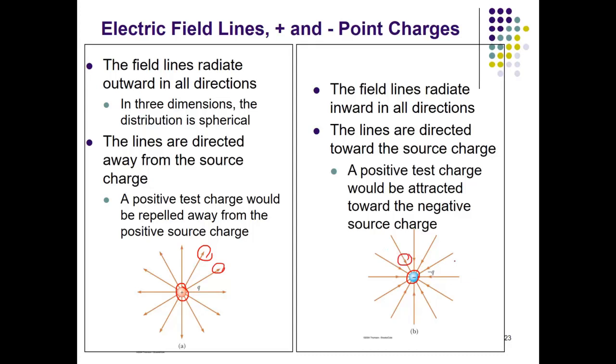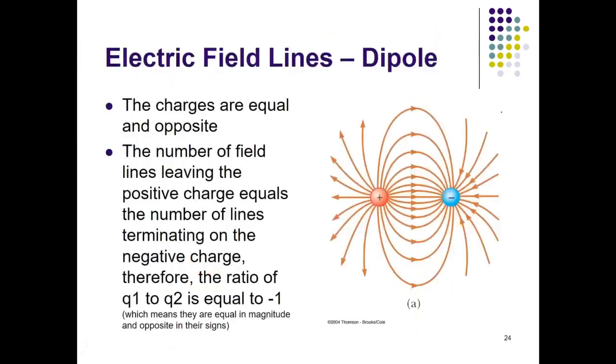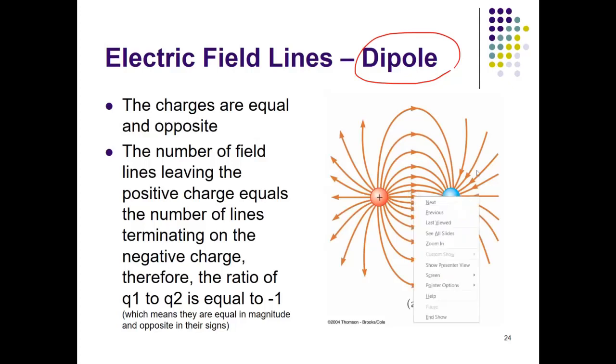What if you have two charges next to each other, like a dipole, the one we just mentioned in the question? Well, in that case, electric field lines will emerge from the positive and go into the negative. One way to think about it is, what happens if I put a test charge here? Remember, a test charge is positive. So what's going to happen to it? Well, this negative charge will try to pull it toward itself, so there would be a force this way.